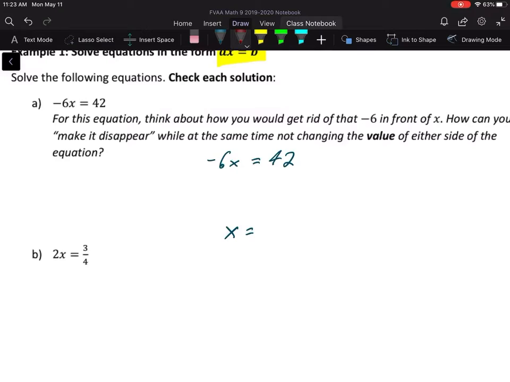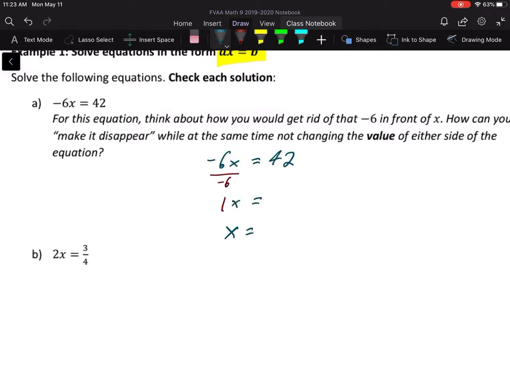Because if I can make that equal to 1, 1 times x is equal to x, and then I only have x left. So here, because it's negative 6 times x, if I do negative 6 divided by negative 6, that's going to equal 1x, right? Let me put that in.